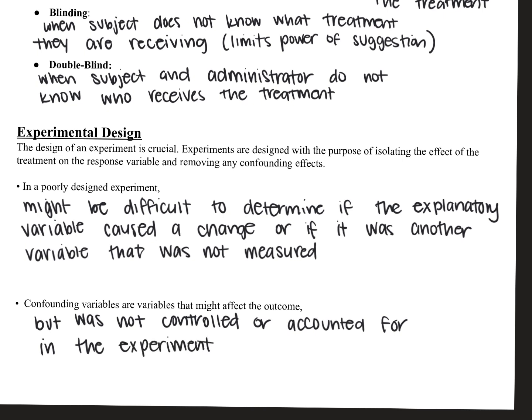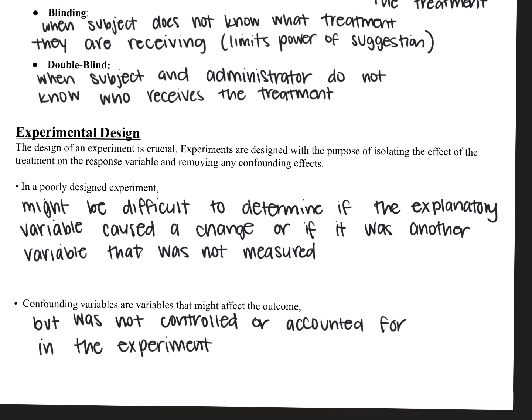So that's one of those things that could be difficult. That's part of the poorly designed part of an experiment, is that there's some variable that affected the outcome, but you didn't think to control it or account for it in your design of the experiment or in deciding your factors.